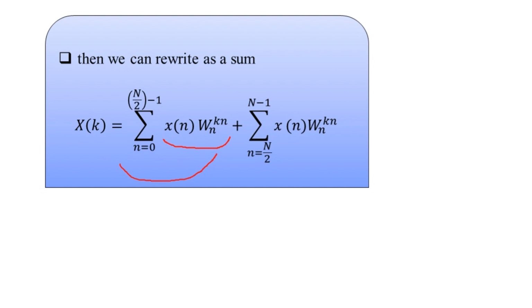The second term added to it is the summation small n that starts from capital N by 2 up to capital N minus 1, operated for x of n multiplied to the twiddle W suffix capital N, with the power k into n.